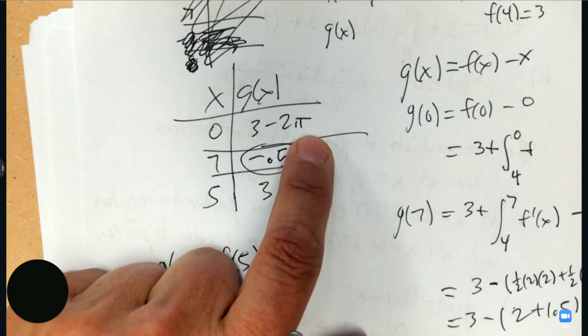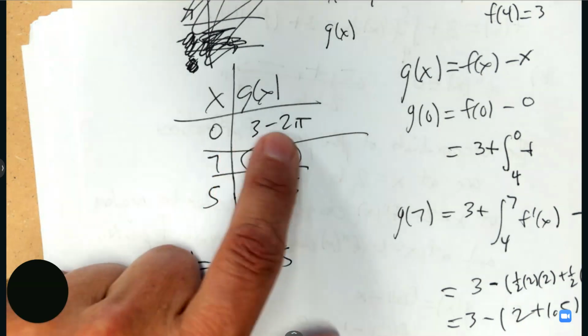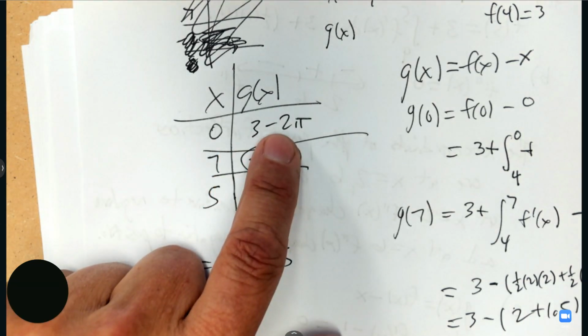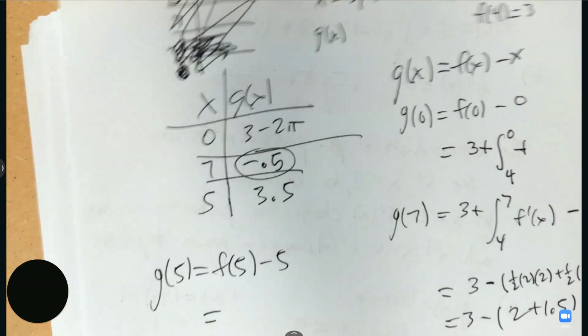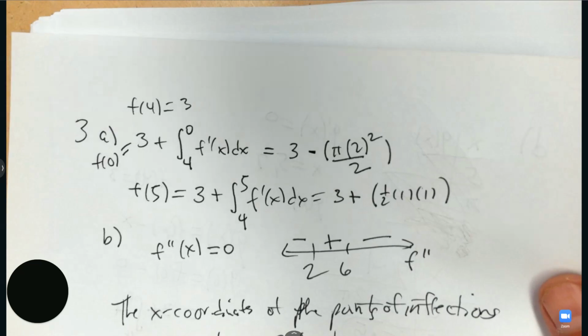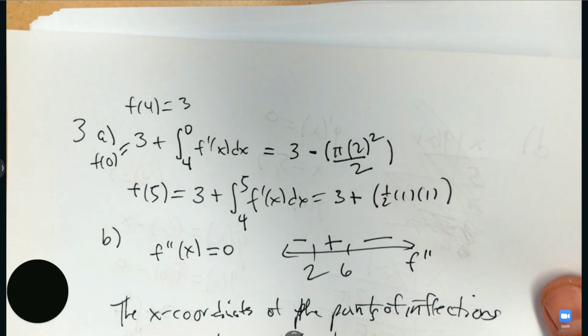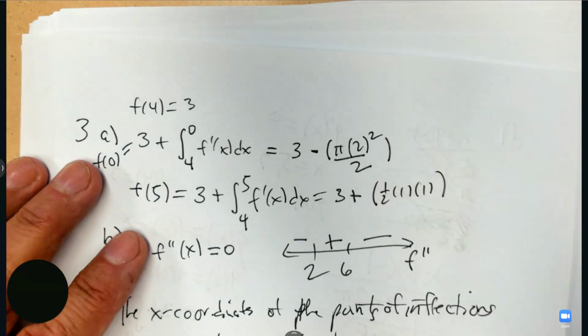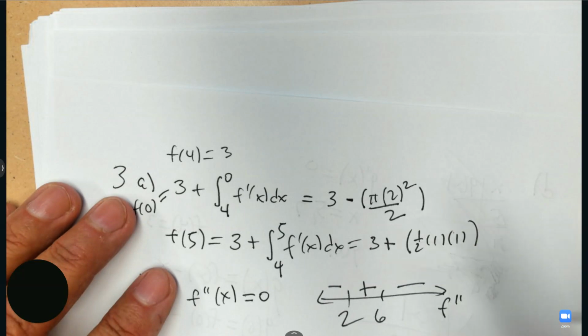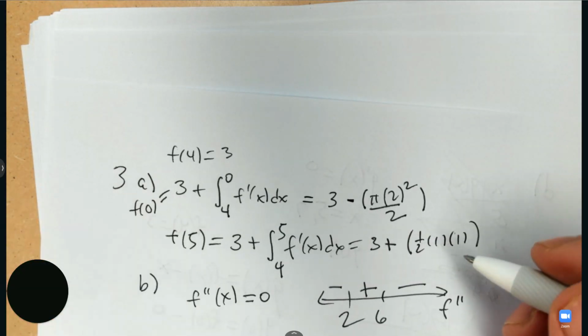It's a little bit tricky. Is it 3 minus 2 pi? Or is this 3 plus 2 pi? What did I do? I know what I did.